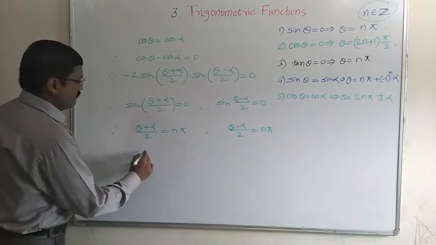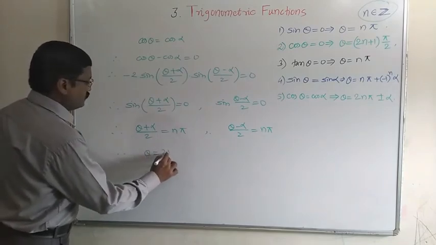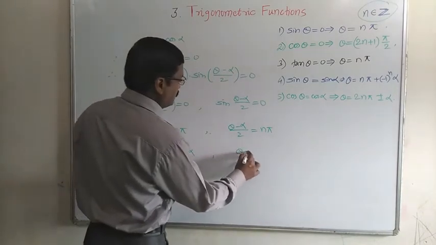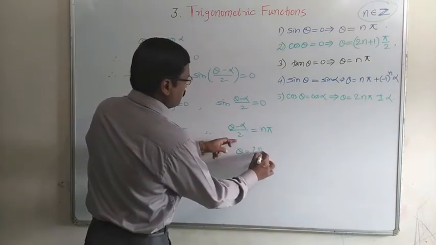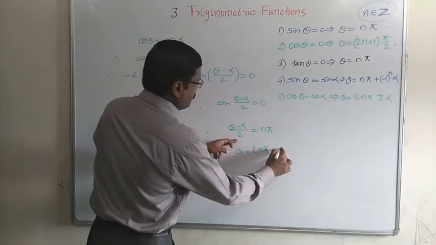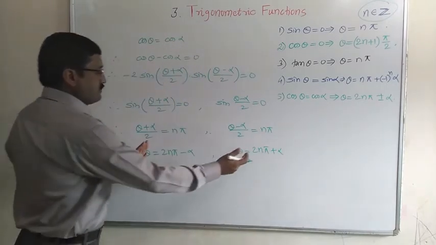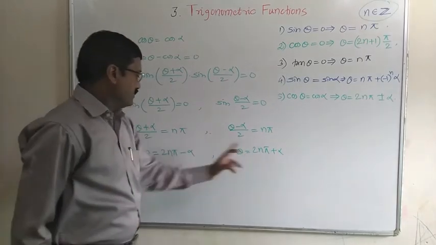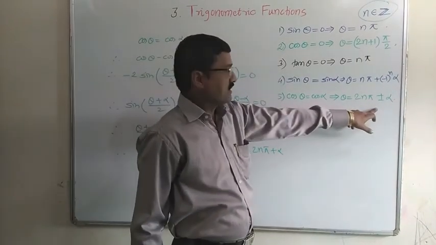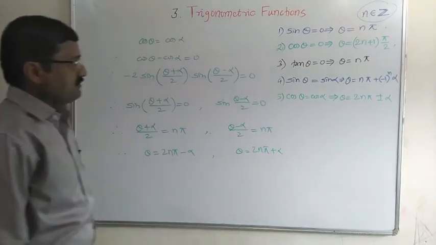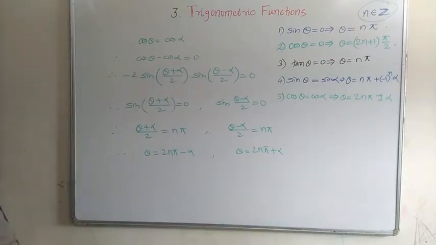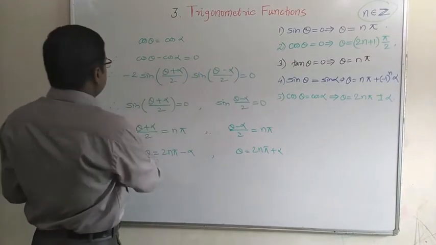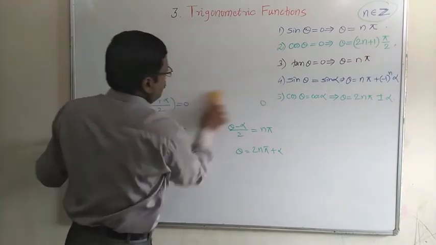So from this we get theta is equal to 2n pi minus alpha, and from this we get theta is equal to 2n pi plus alpha. So combining these two cases we can write theta is equal to 2n pi plus minus alpha, where n is an integer. Okay, this is also a very simple result to prove, similar to the fourth one. Let us move towards the next result.